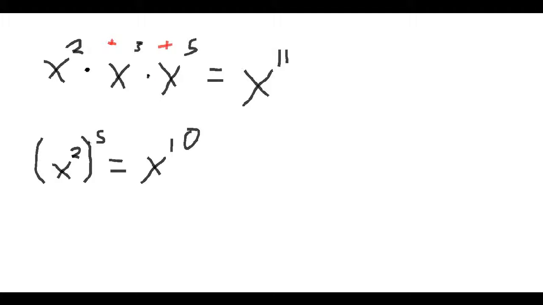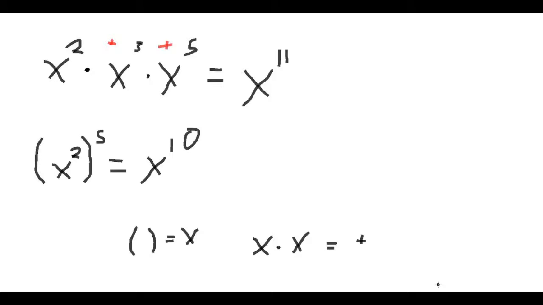It's the parentheses. You could say parentheses equals multiply. But when you see these dots or other multiplications, it means to add. I hope that makes it clear for you all.